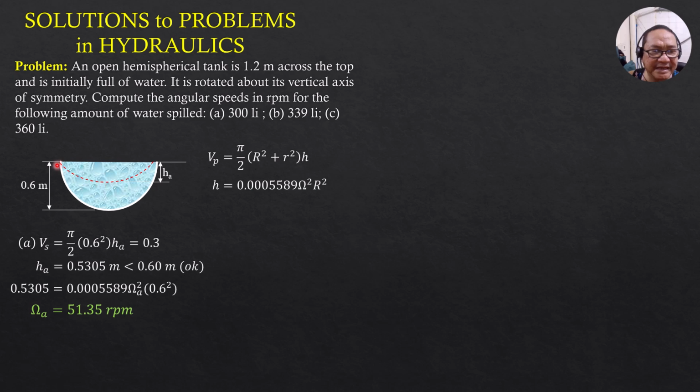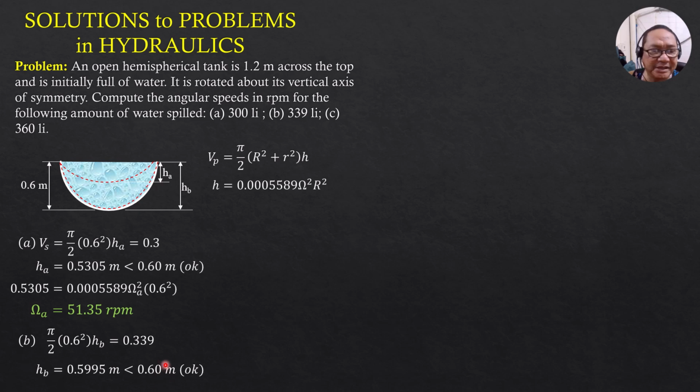For part B, 339 liters of water is spilled. Let's again assume that the height of the paraboloid of revolution is less than 0.6. So pi over 2 times 0.6 squared times HB equals 0.339, and HB is equal to 0.5995 meter, which is less than 0.6 meters.